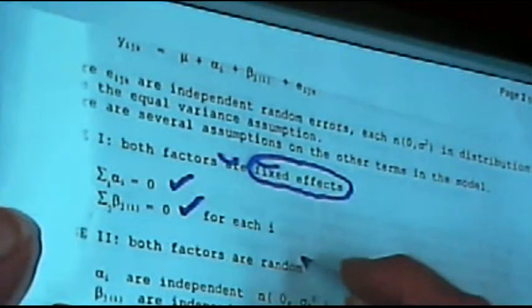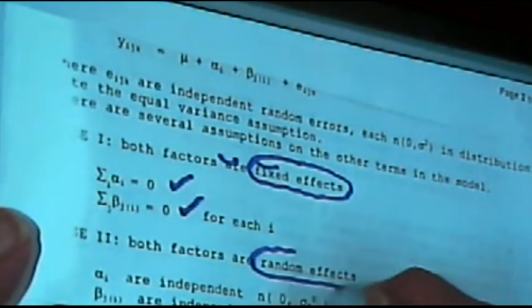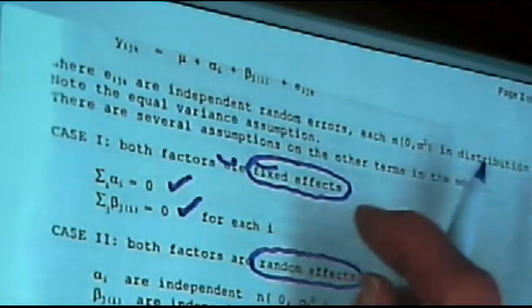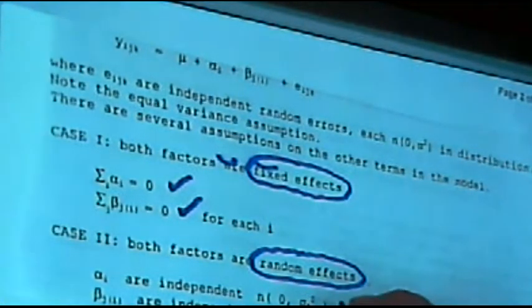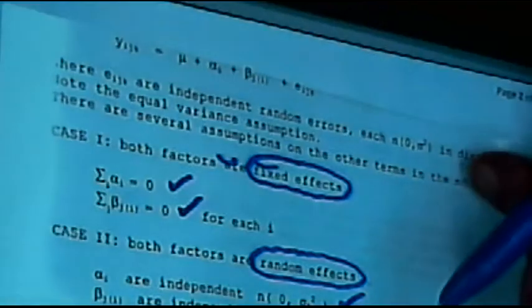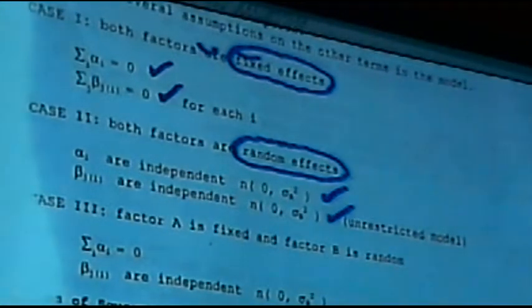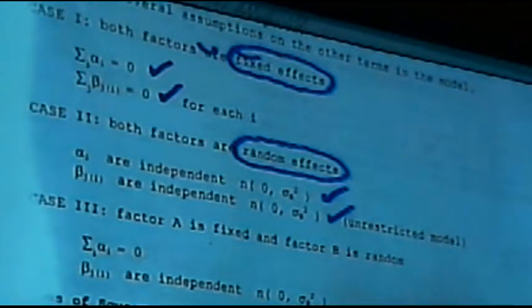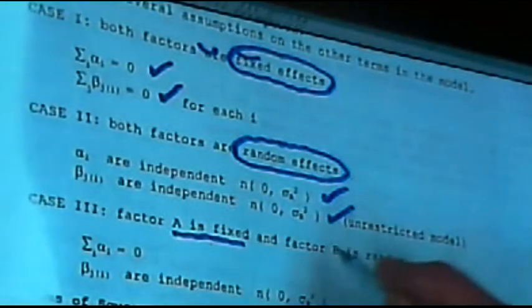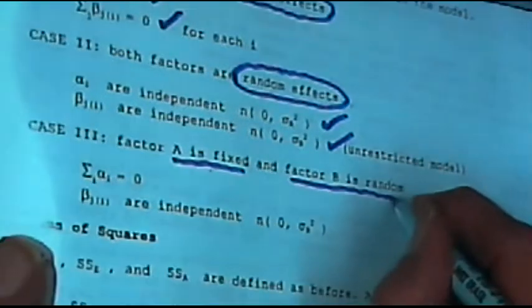In the case that both factors are random effects, then we change the assumptions and say these terms follow normal distributions, like that. And the third case is a mixed model. Here A is fixed, B is random.